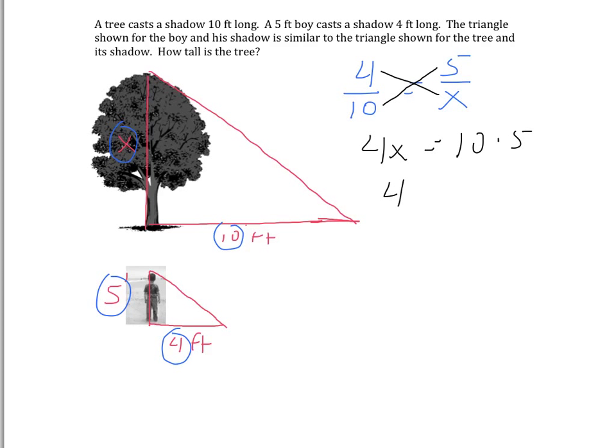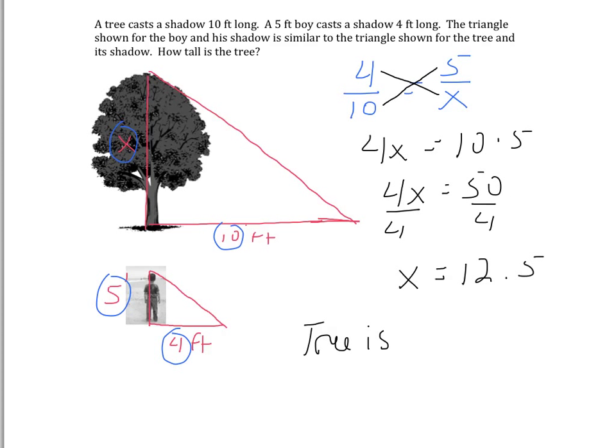So 4x is equal to 50. Divide both sides by 4, and I get x is equal to 12.5. So the tree is 12 and a half feet tall.